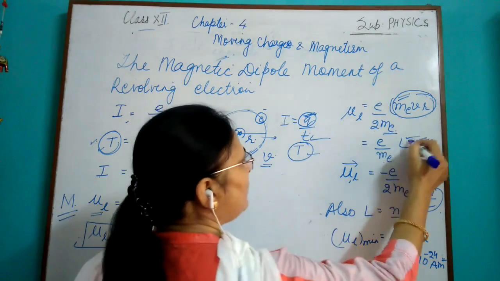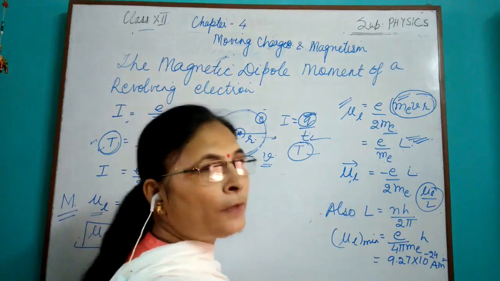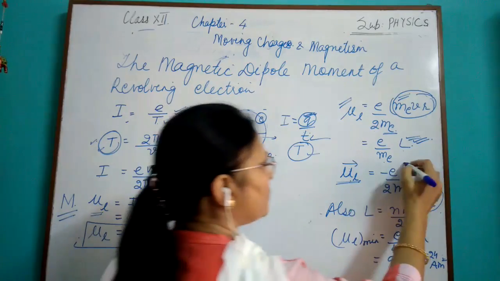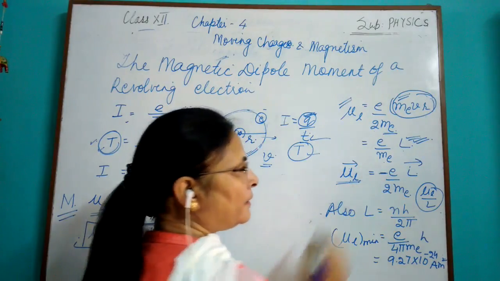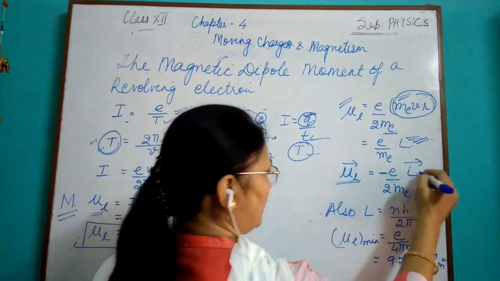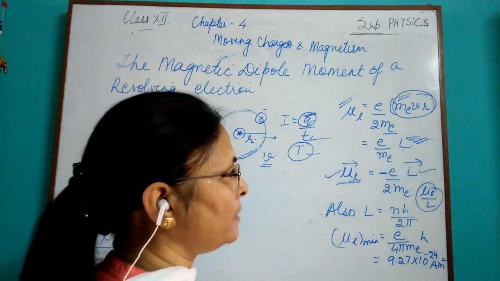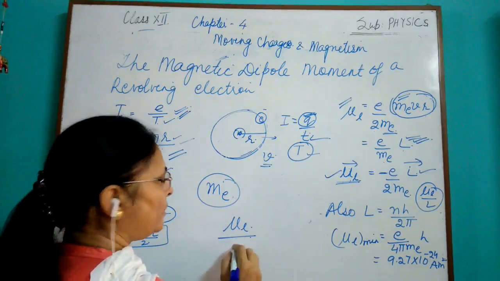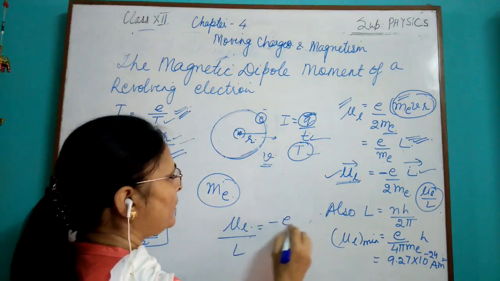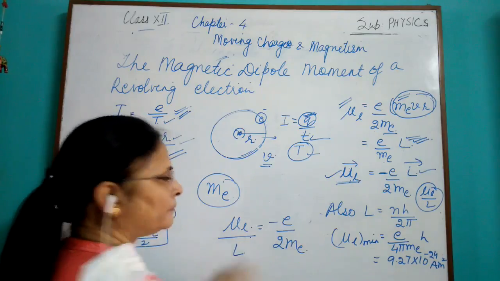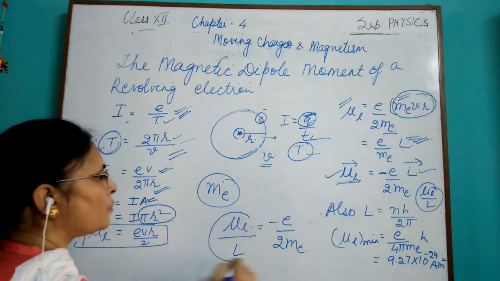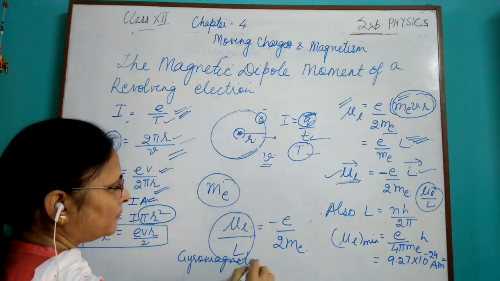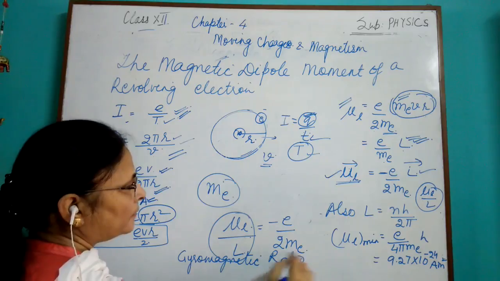Since angular momentum as well as magnetic moment are both vector quantities, I can write mu L is equal to minus e upon 2 m e L. Here I take the negative sign to show the direction; these will be in opposite directions. From here I can also write mu L upon L is equal to minus e upon 2 m e. This ratio is also known as the gyromagnetic ratio.